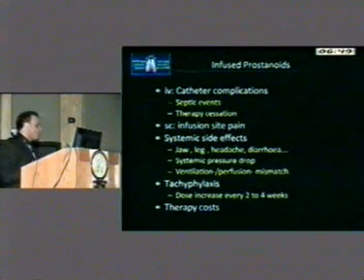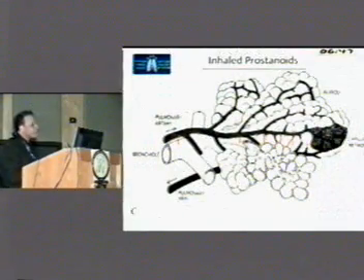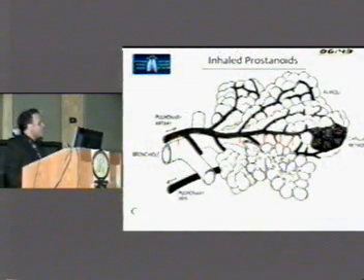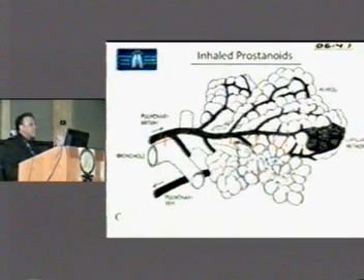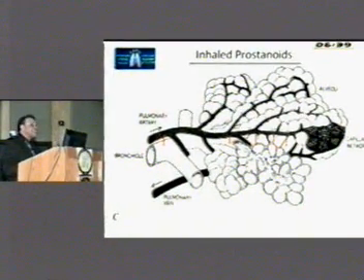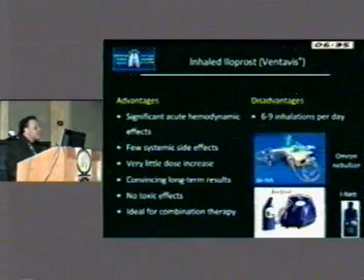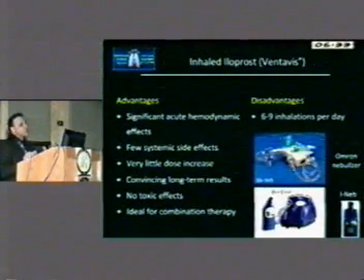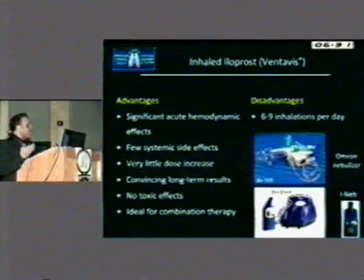And the cost, of course, was really a problem. So the second prostacyclin analog, inhaled iloprost, came with very specific advantages: it is basically selective, it has very minimal systemic side effects, better cost, and no tachyphylaxis.